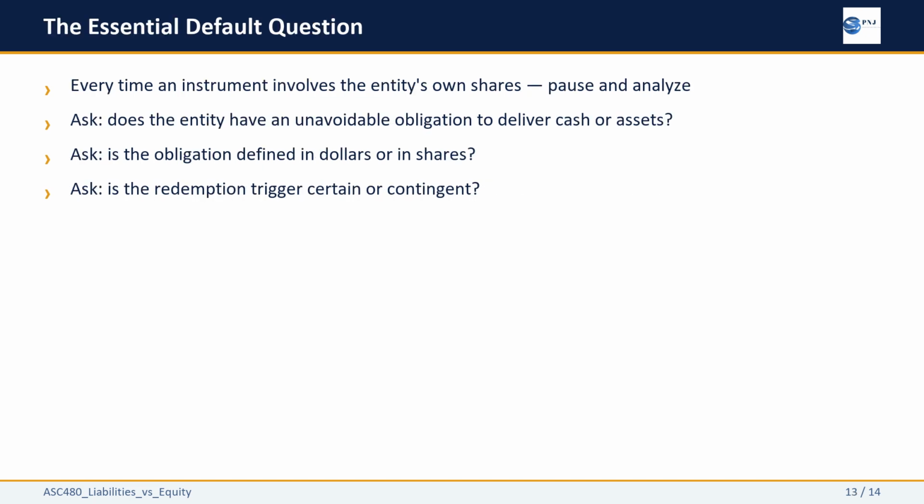frameworks. Every engagement, every new instrument, every contract involving the entity's own shares, the analysis starts with the same 3 questions. Does the entity have an unavoidable obligation to deliver cash or other assets? If yes, this is likely a liability. Is the obligation defined in dollars or in shares? Dollar-defined means liability.